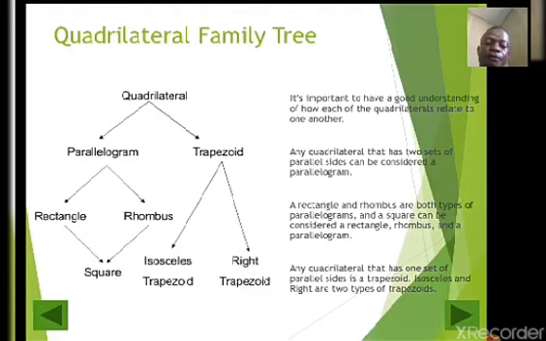So from the aforementioned, we've seen from the beginning the definition of polygons, what polygons are and what they are not. We've considered the classification of polygons. We've seen the concave, the convex, the regular, and the irregular polygons.